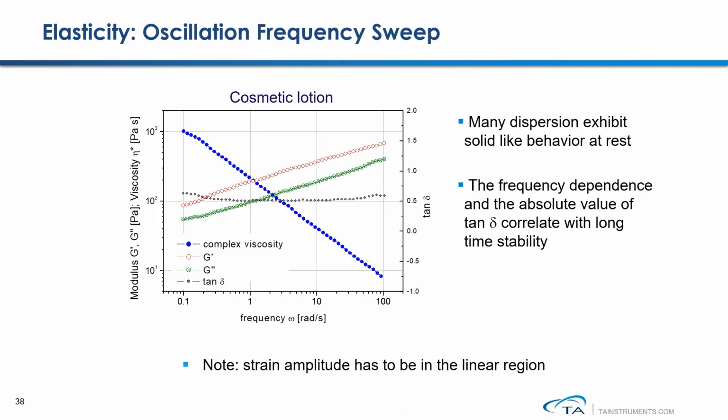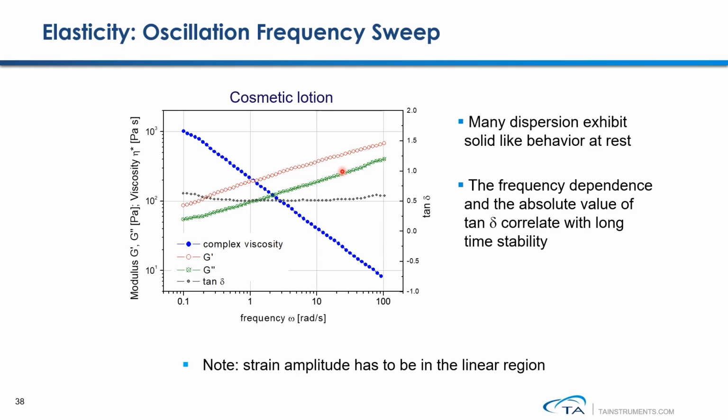Here are case study results of evaluating the viscoelasticity property of a cosmetic lotion sample using dynamic frequency sweep. From these results, you can see that the sample's storage modulus is greater than loss modulus. That indicates that this lotion sample exhibits a solid-like behavior.